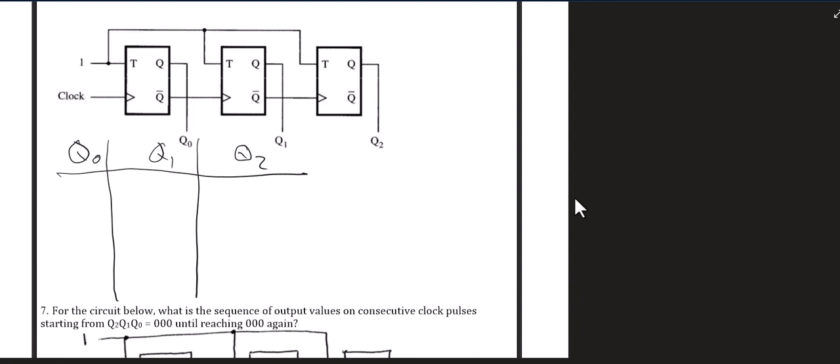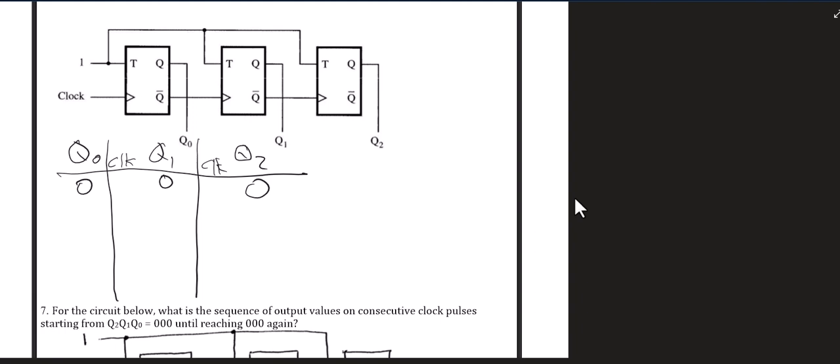And I'm also going to put in a little column for the clock for Q1 and Q2, because the clock signal is not the clock. The clock signal is Q bar from the flip-flop before. So we're told that they all start at 0, so we can put that in.